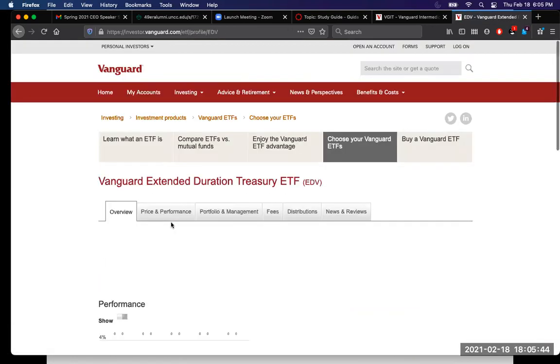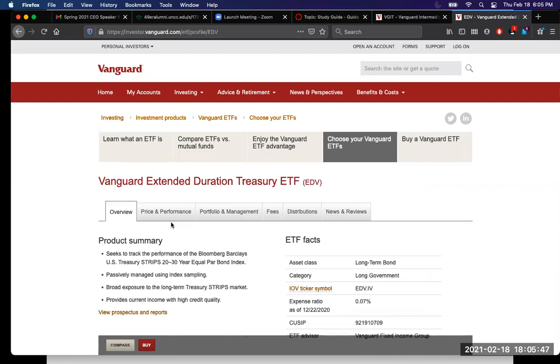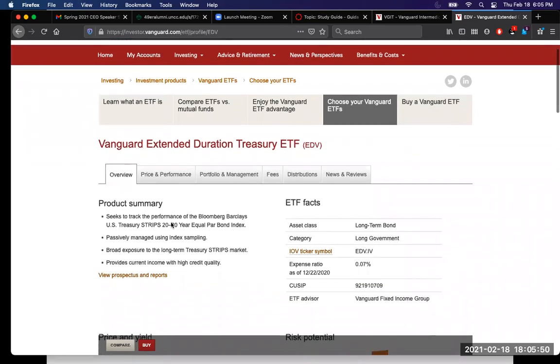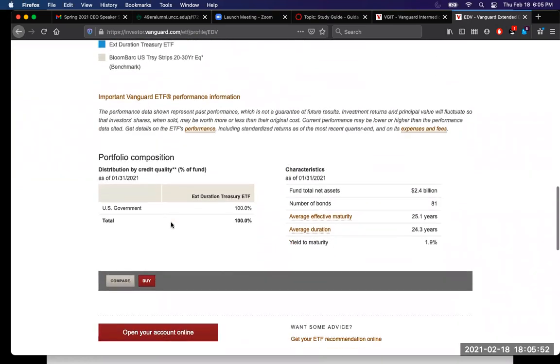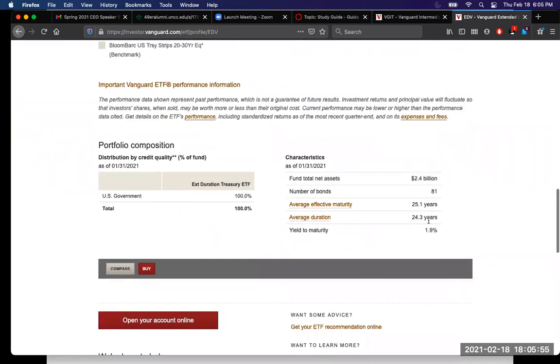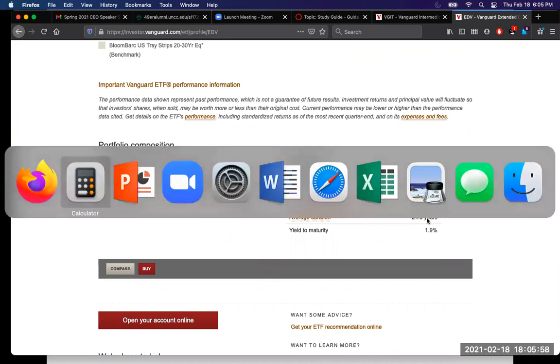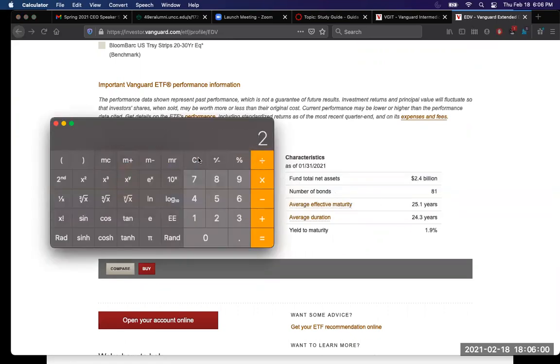Remember I talked about STRIPS, separate trading of registered interest and principal securities, which are essentially zero coupon government bonds? 24.3 years effective average duration. 24.3 divided by 1.0095. 1.9 divided by 2, because it's semi-annual, is 0.95. 24%. A 1 percentage point increase in yield would result in a 24% loss in your investment.